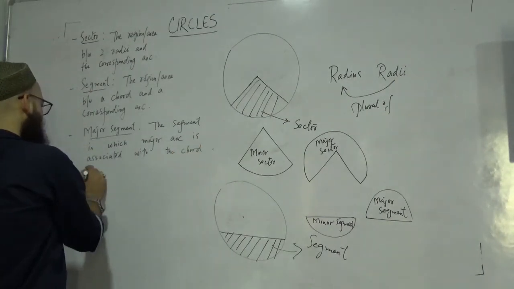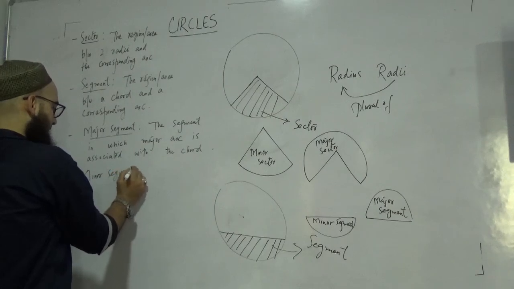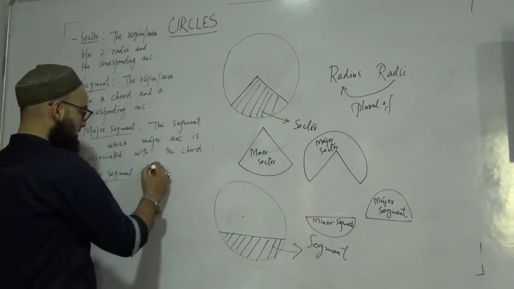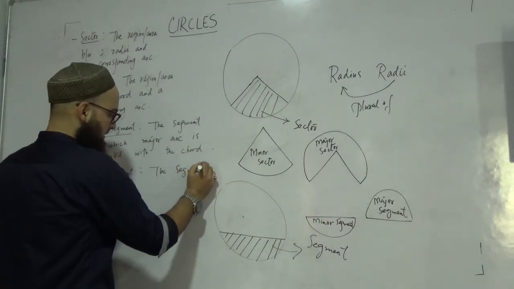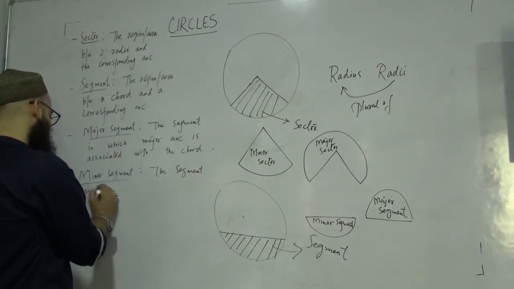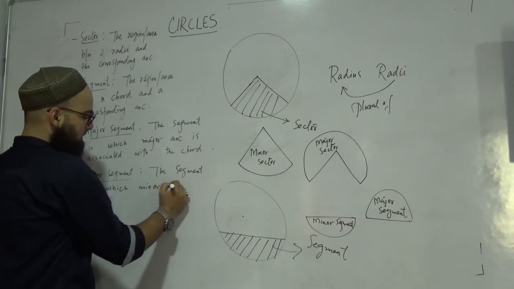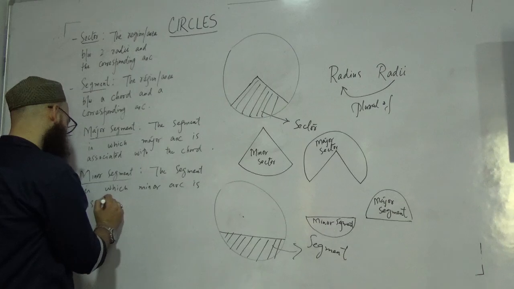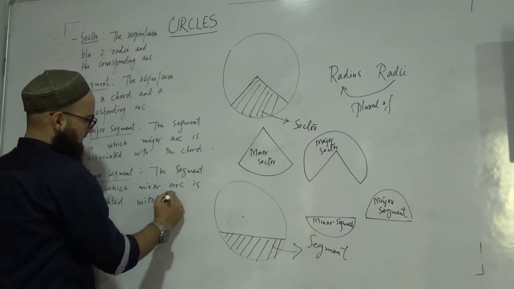Then we have the minor segment: the segment in which the minor arc is associated with the chord.